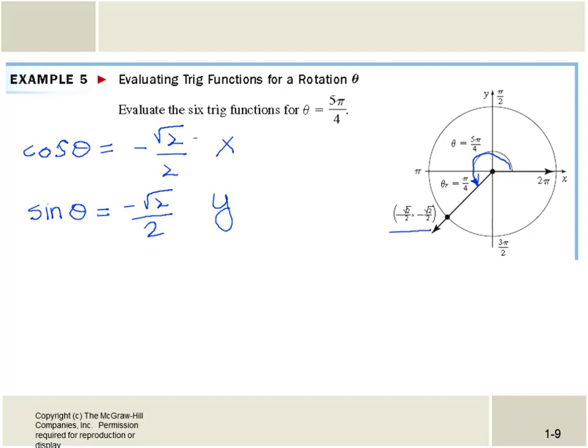All right. The tangent of theta is going to equal, remember, the sine over the cosine, the y over the x. But since the y over the x are the same, this is just 1. So the tangent of this is 1. This is minus the square root of 2 over 2 over minus the square root of 2 over 2. Right?